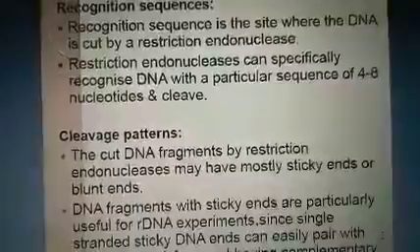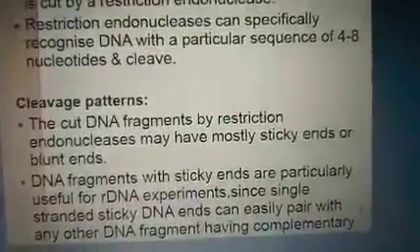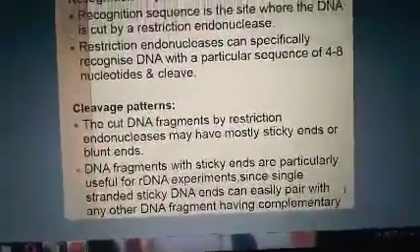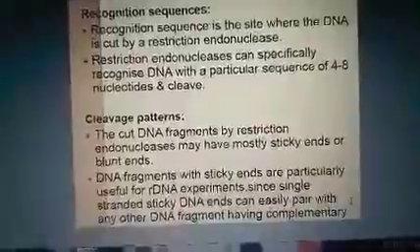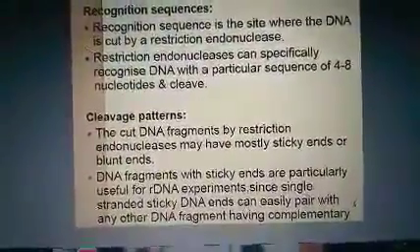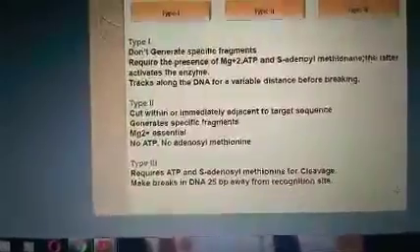Cleavage pattern: the DNA fragments cut by restriction endonucleases may have sticky ends or blunt ends. The DNA fragments with sticky ends are particularly useful for rDNA experiments, since single-stranded sticky DNA ends can easily pair with any other DNA fragments having a complementary nature.